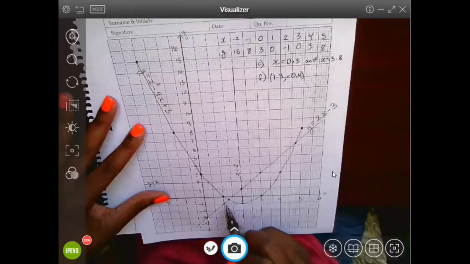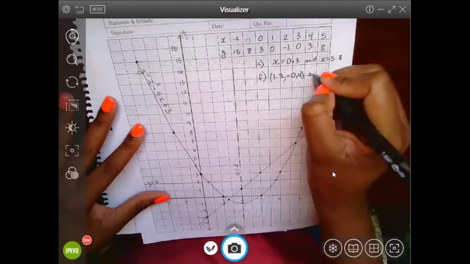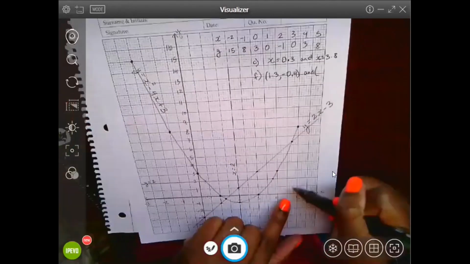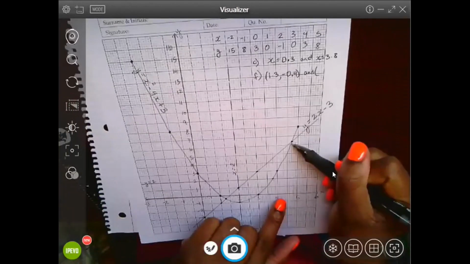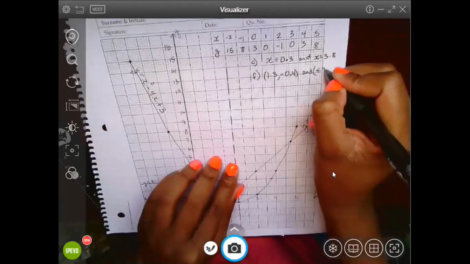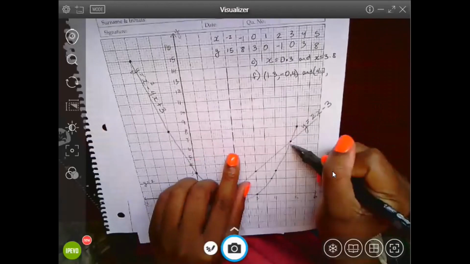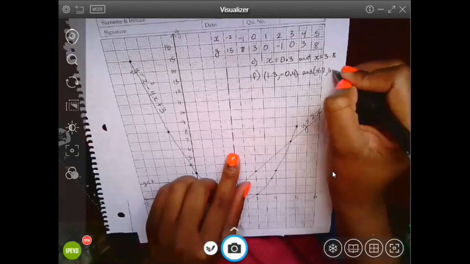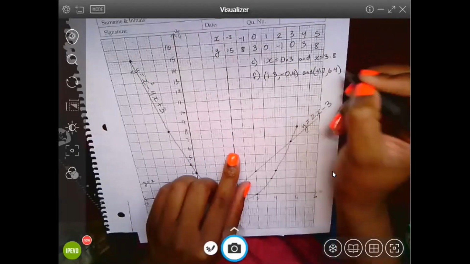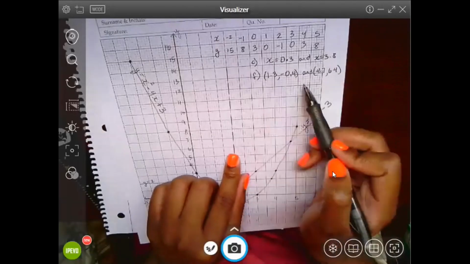And let's look at the next one. Same thing. I'm going to go with 4.7, 6.4. Now, the good thing is all of these questions won't be as crazy where you have to estimate. A lot of the times they're going to fall on easily identifiable points.